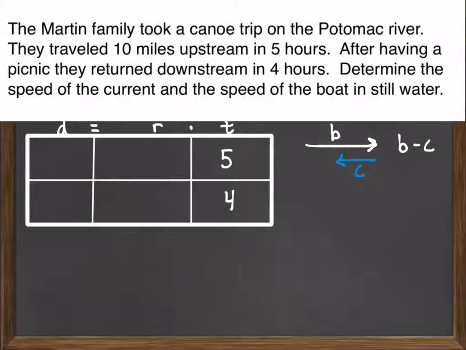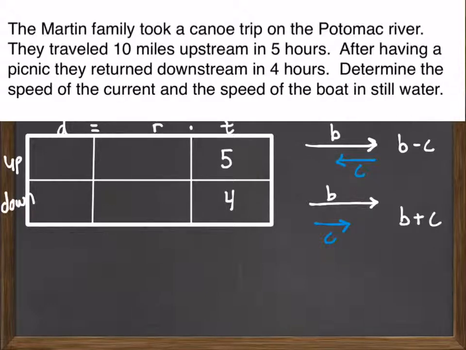They won't be able to go as fast upstream because of going into the current. So you actually have the relationship that the speed of the boat relative to the current is going to be B minus C. And likewise, when they're going downstream, the current's actually pushing you along. So even if they stopped moving at all, the boat would still be moving forward down the stream.